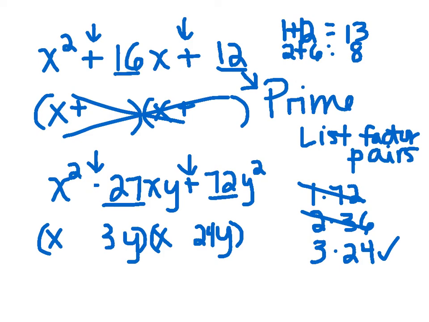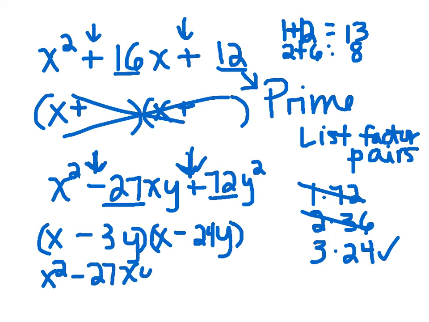Well, we haven't done many negative ones, so let's make this negative instead. Okay, this sign tells me that they're the same, and this tells me what they both are. And if I were to multiply this out, I would see that I did it right. x squared minus 24xy minus 3xy gives me negative 27xy plus 72y squared.